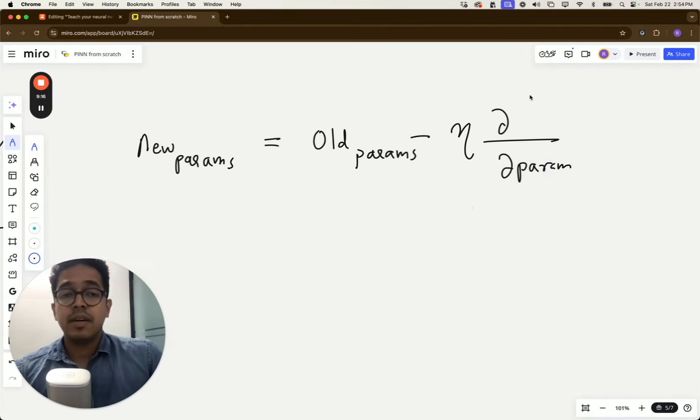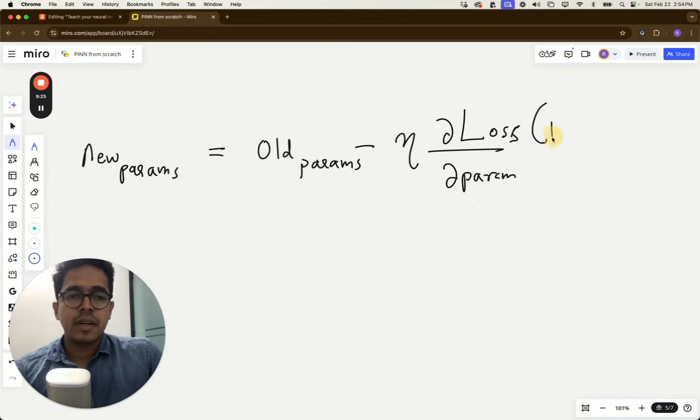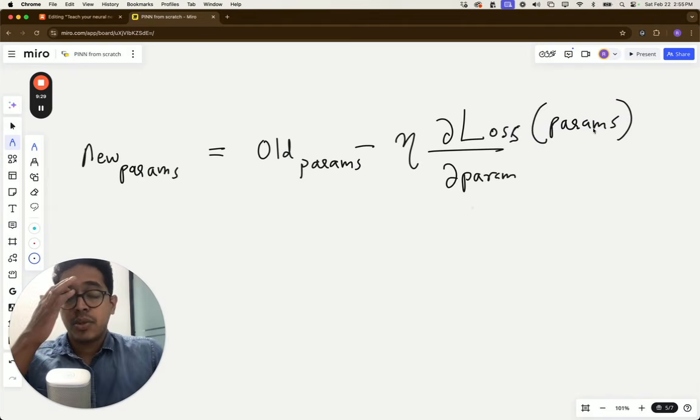Whatever is the parameter which influences the loss, you are differentiating the loss with respect to the parameters. So the loss is a function of parameters, because the loss depends on what parameters you use in the neural network, meaning the weights, biases, etc.